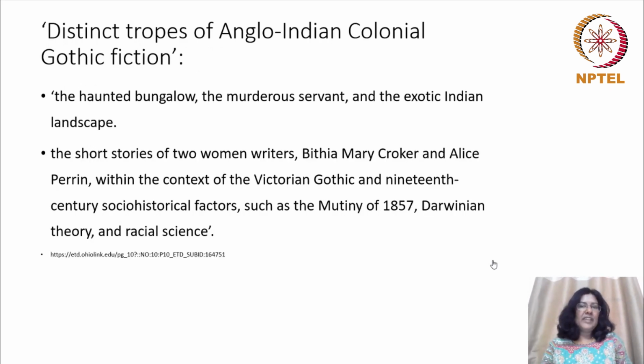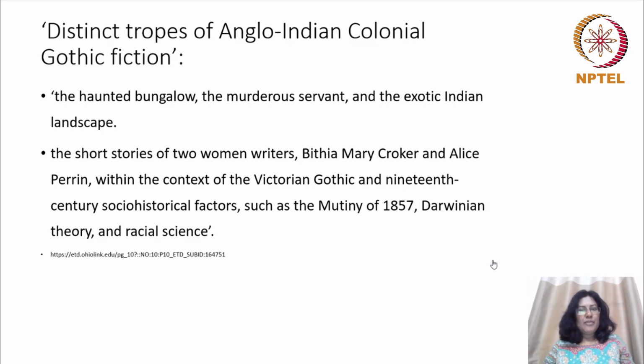Now, there are distinct tropes of the Anglo-Indian colonial Gothic fiction. There is this haunted bungalow, the murderous servant, the exotic Indian landscape. So you can see how there's a particular set of attributes which are associated with the Anglo-Indian colonial Gothic, and we have the short stories of women writers being included in this context as well. Bithia Mary Croker and Alice Perrin are treated within the context of Victorian Gothic and 19th century fiction, and these women writers talk about sociocultural factors.